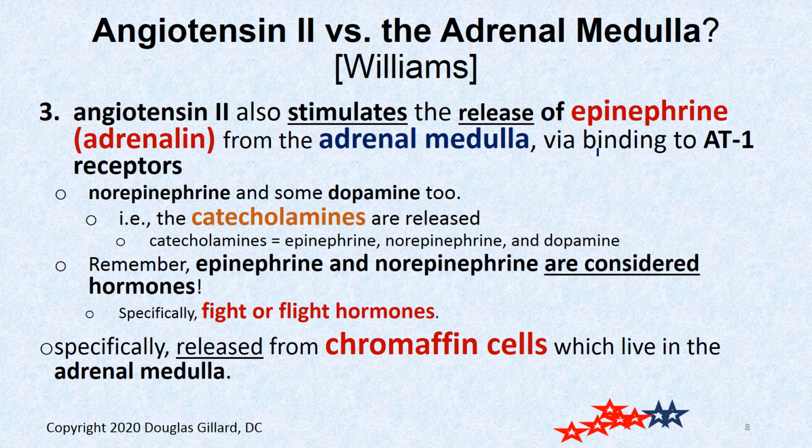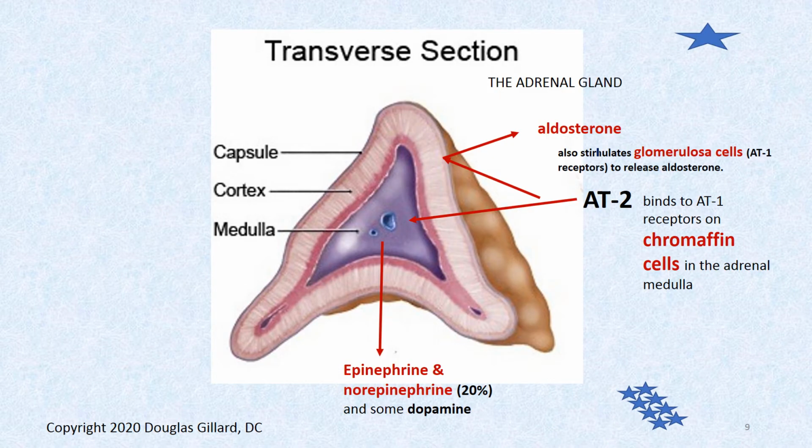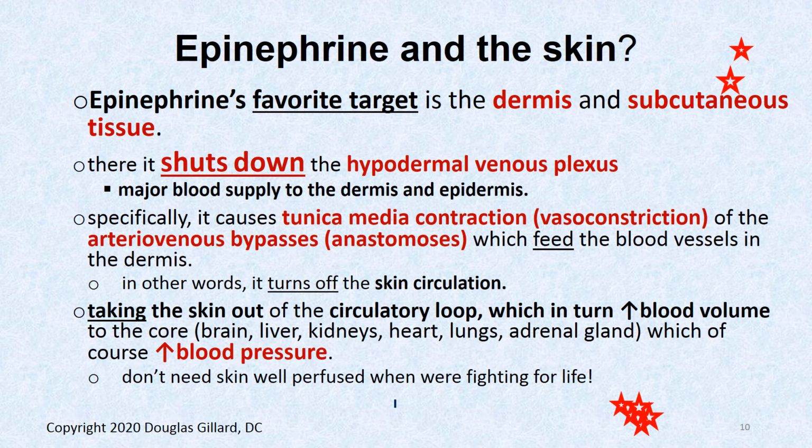Remember we said the catecholamines were epinephrine, norepinephrine, and dopamine, but the major one is epinephrine, aka adrenaline. So what's the deal with that? This is just showing angiotensin II, it doesn't show the cells, but it's binding to chromaffin cells here and causing the release mainly of epinephrine. About 20% of that release is norepinephrine and probably 1% is dopamine.